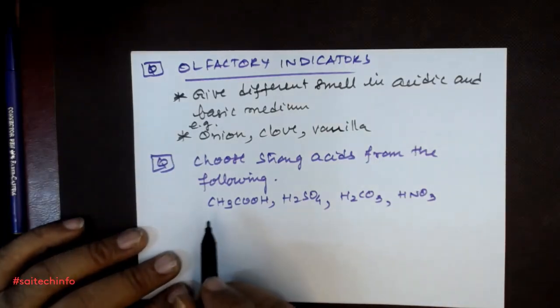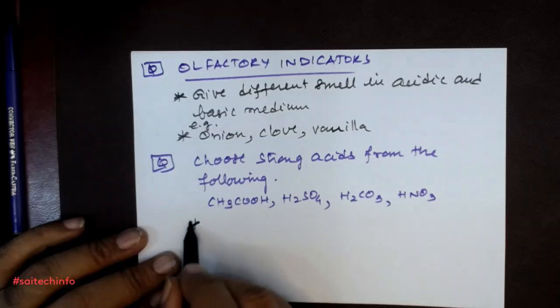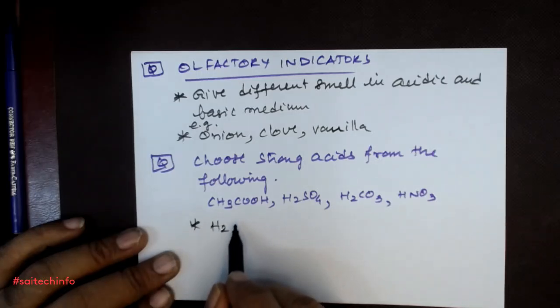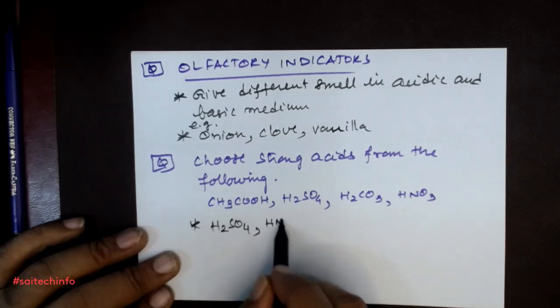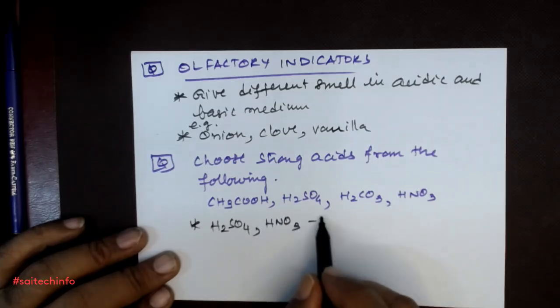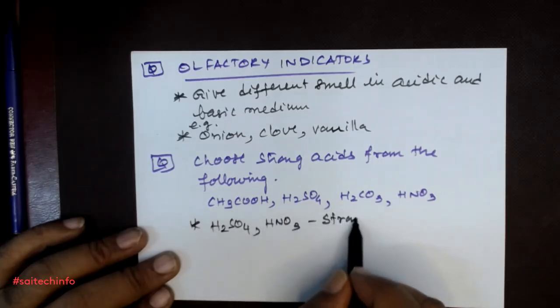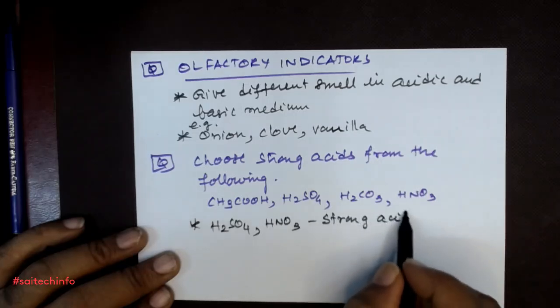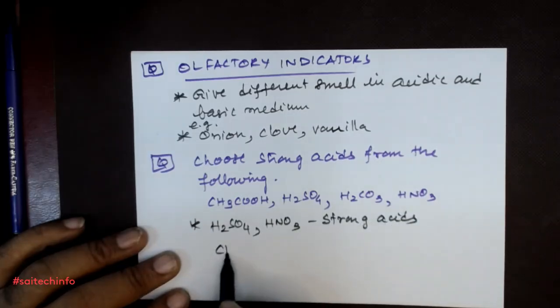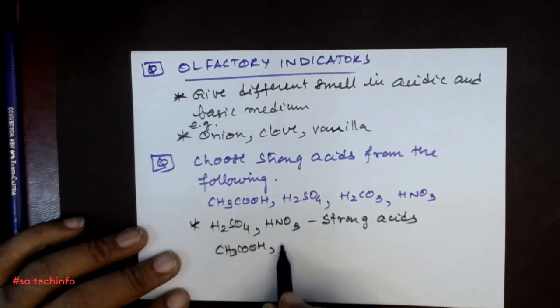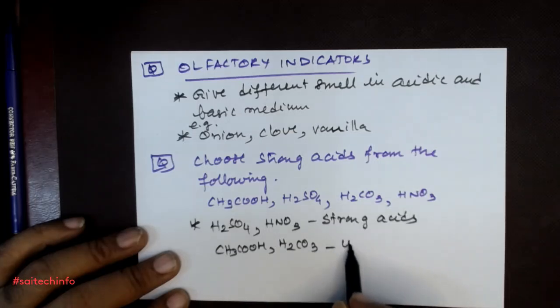Here H2SO4 and HNO3, they are strong acids. Carboxylic acid and carbonic acid are weak acids.